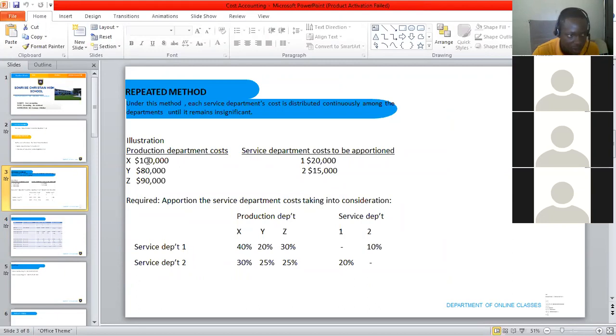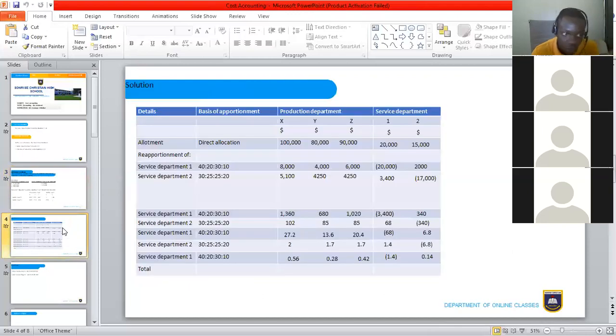Production department X, $100,000. Y, $80,000. Z, $90,000. Everything has been given to us, so it's without struggle. So we just have to send this whole cost item to our table. That is why we call it direct allocation.